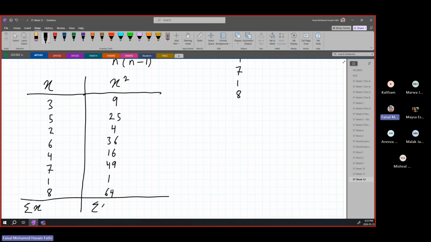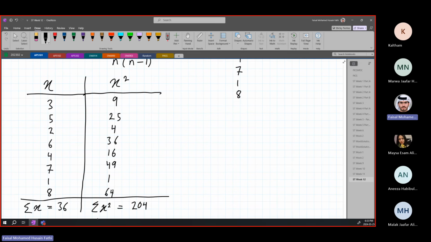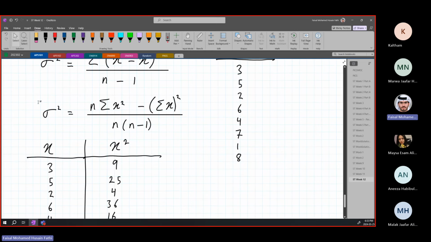And then we're going to find the summation of the X squared values. So let's do it for X first. So 3 plus 5 plus 2 plus 6 plus 4 plus 7 plus 1 plus 8. That is equal to 36. In this case, it's 9 plus 25 plus 4 plus 36 plus 16 plus 49 plus 1 plus 64. That is 204. And now we're just going to apply this equation.